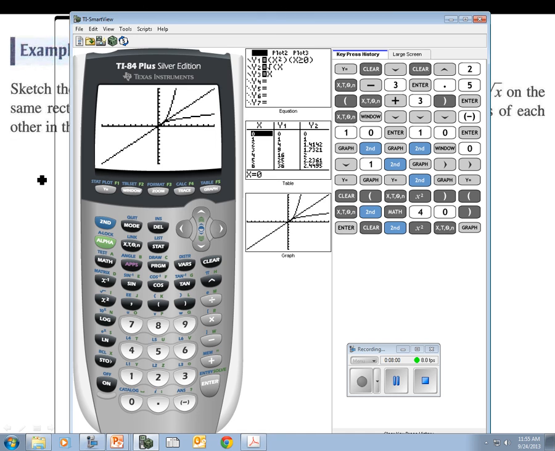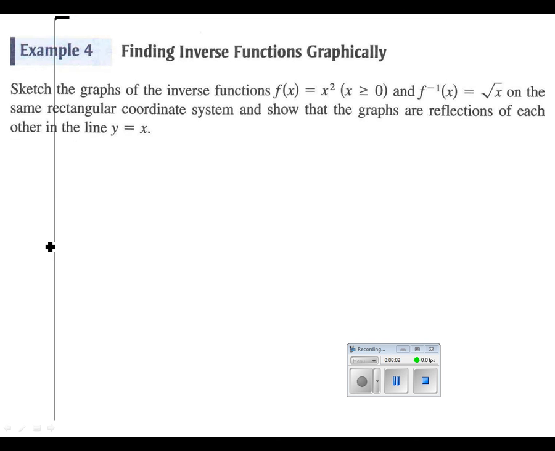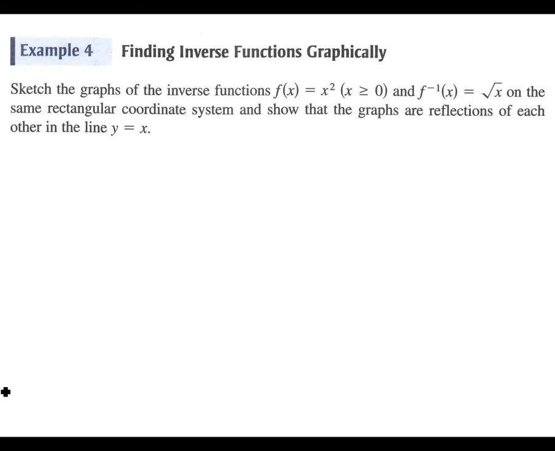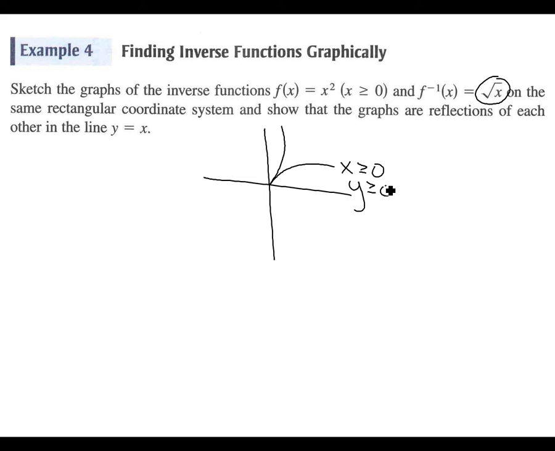All right, so I want to go back over here really quickly and just sketch these out. So we had this. We had square root, and we had x squared. Those are symmetric. For the square root of x function, the domain is x has got to be greater than or equal to 0. The range is y has got to be greater than or equal to 0.